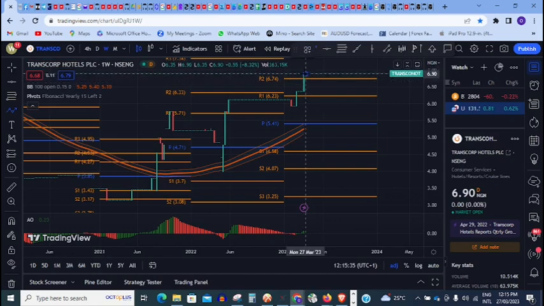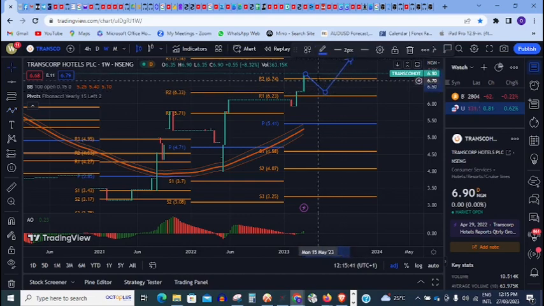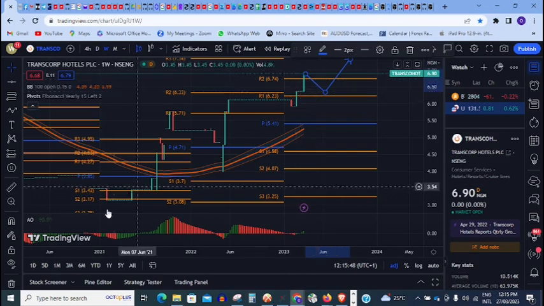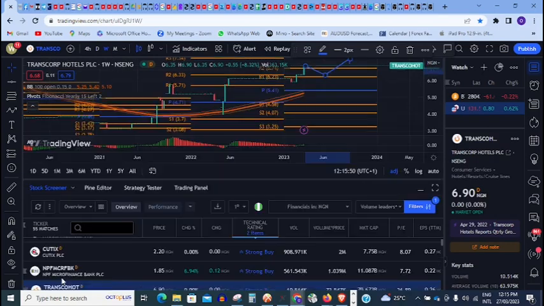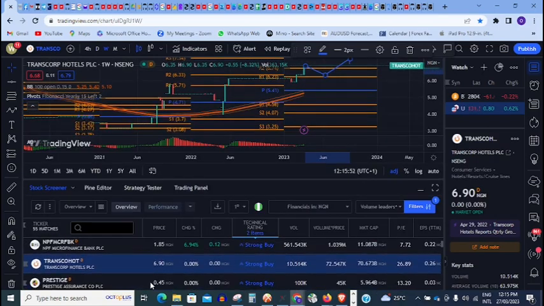I'd rather wait for something like this. If I can get something like this, it's better. But if you must buy it, just look for entry around the low of last week. It is 6 naira 35 kobo.